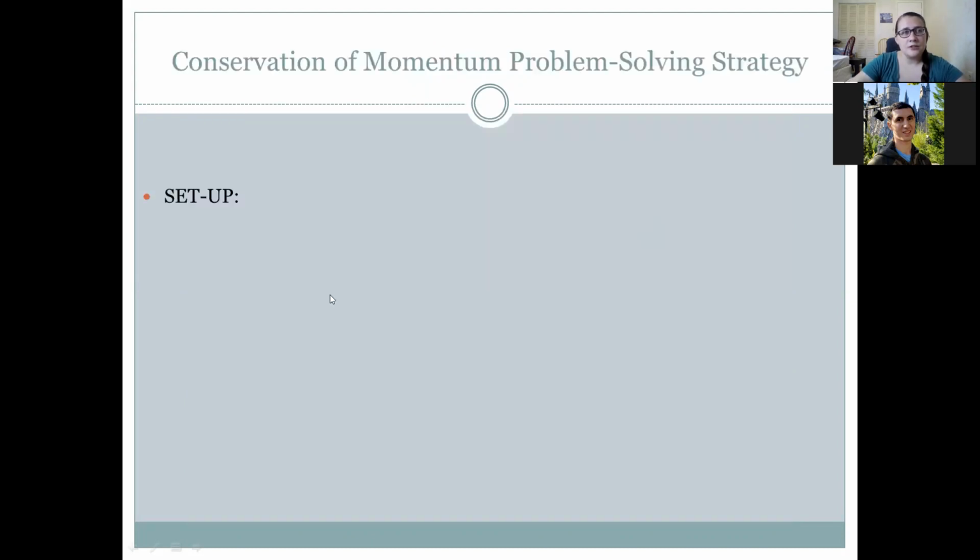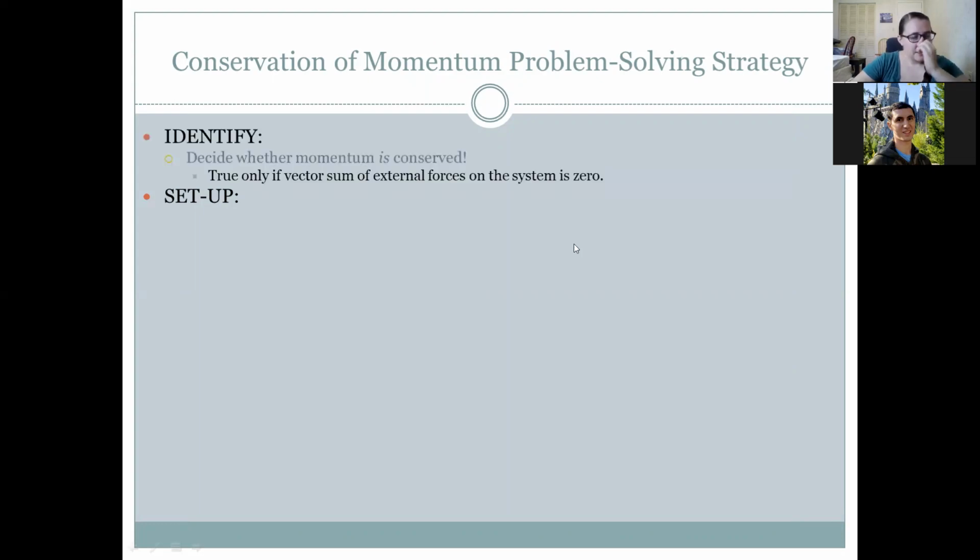But first of all, I wanted to go through a problem-solving strategy for you guys for how to solve these conservation of momentum examples. So first step, identify. We're going to decide whether or not momentum is conserved.